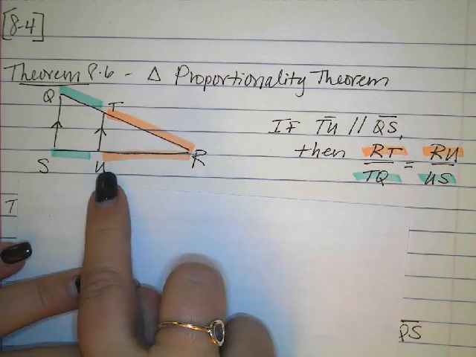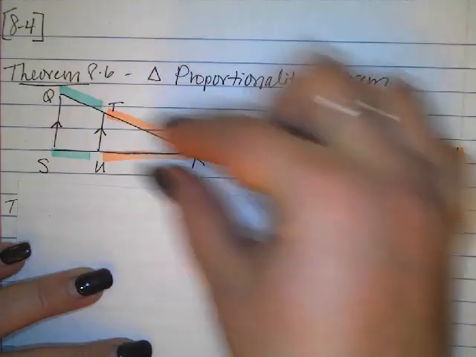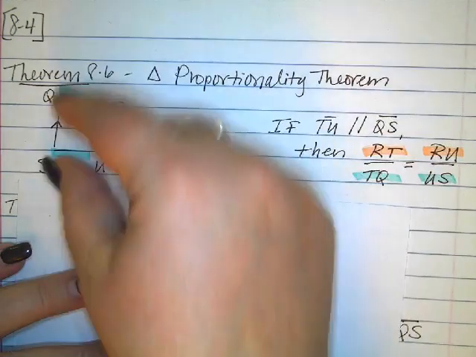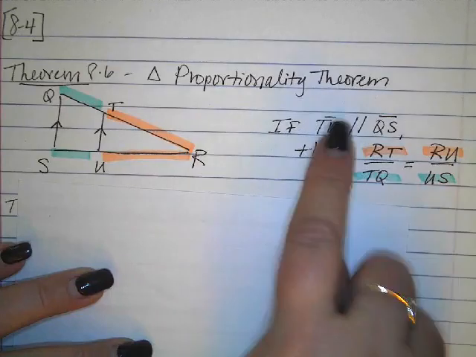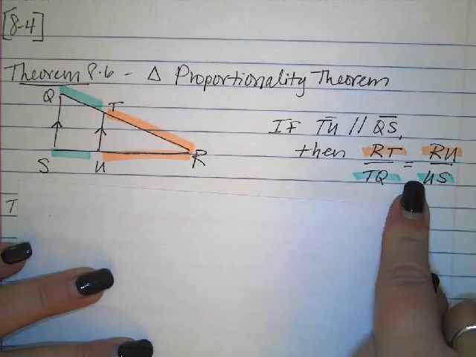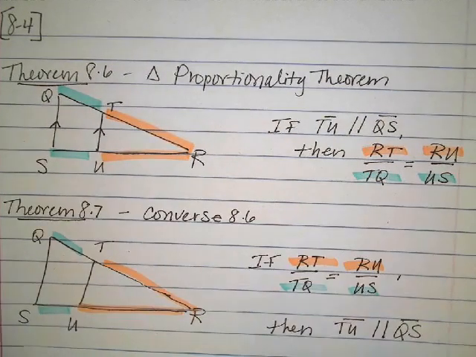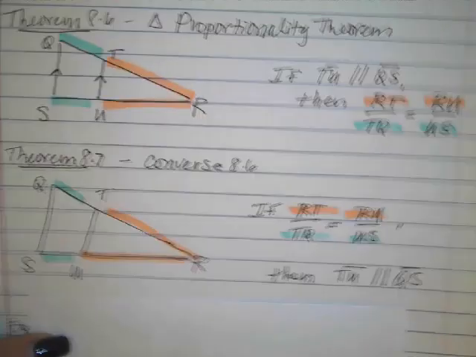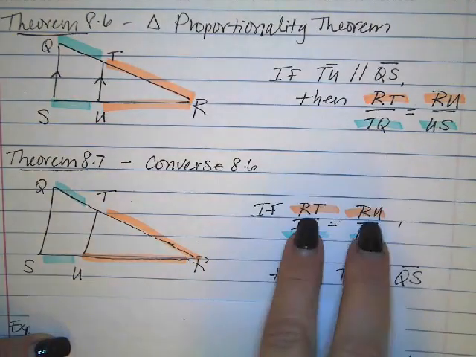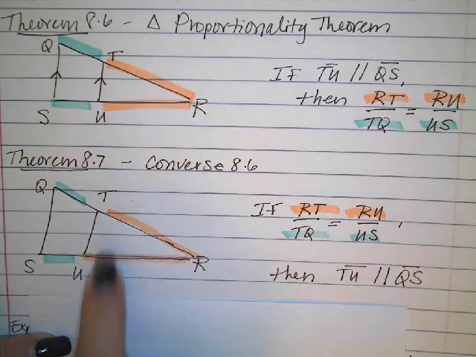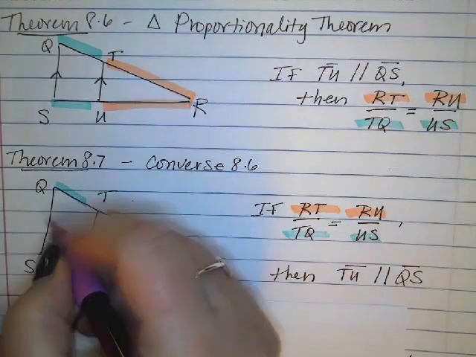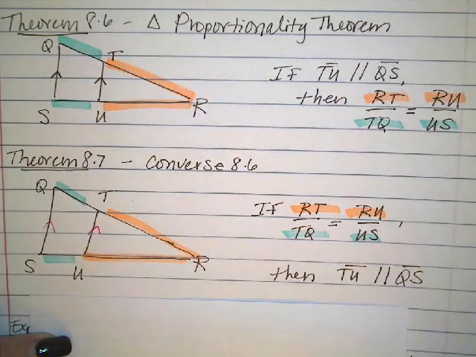So I can say that these two pieces here and these two pieces here are going to be proportional. So if these are parallel, then they're proportional. And then the converse of that is talking about just that in reverse. That if I can say that these guys are proportional, then I can assume these are going to be parallel.